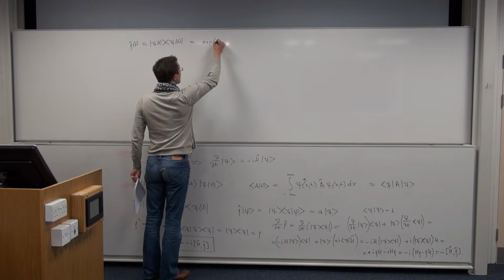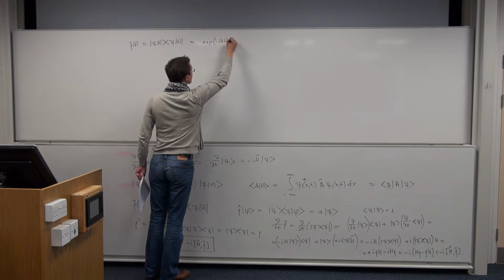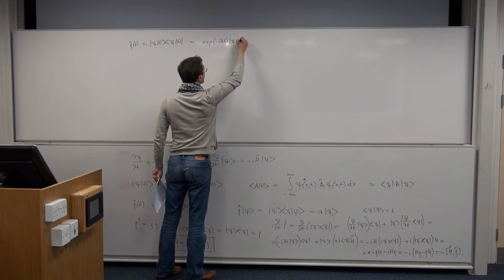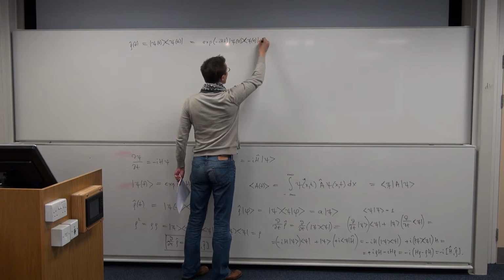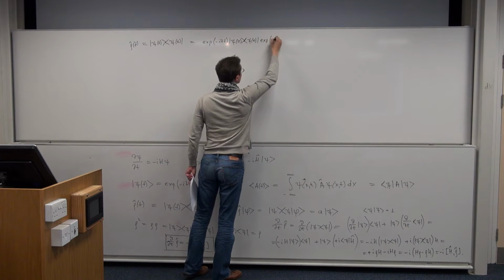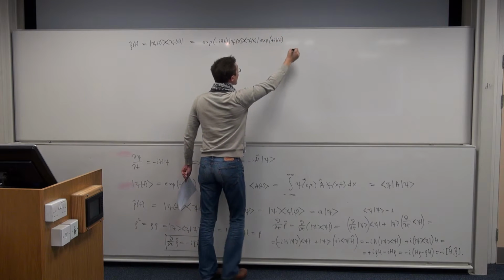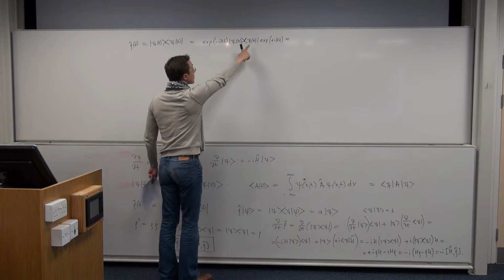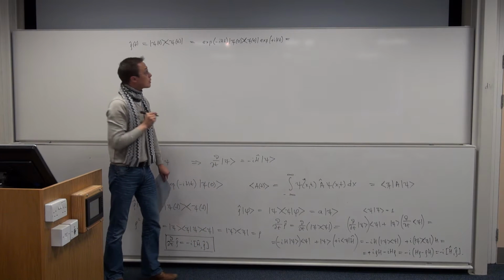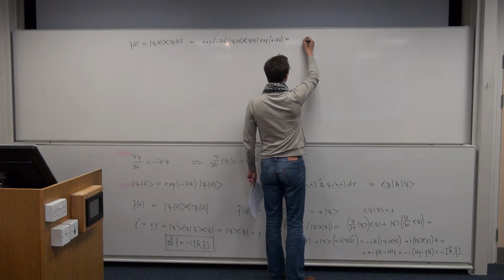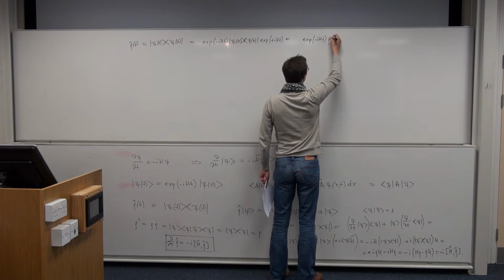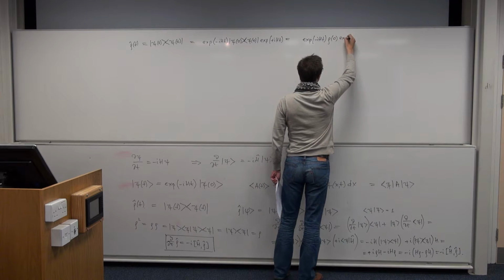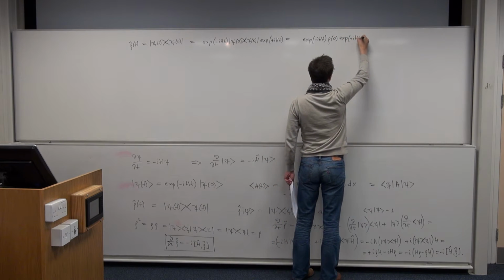So, if we plug this into there, and this conjugate transpose into there, what we'll get is exp minus I HT, psi 0, psi 0, exp plus I HT. But this is the density matrix at time 0, and so exp minus I HT, rho 0, exp plus I HT.